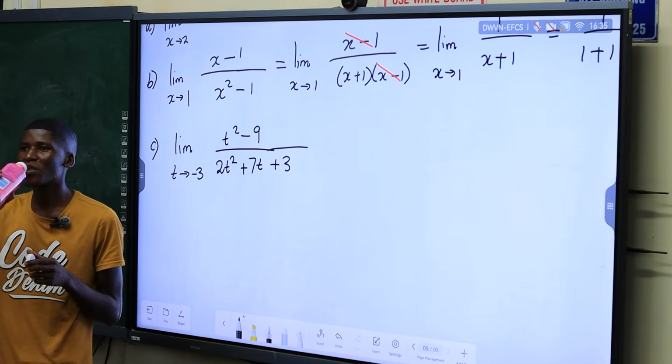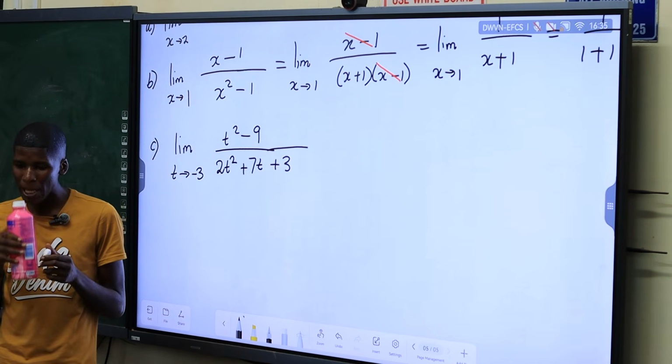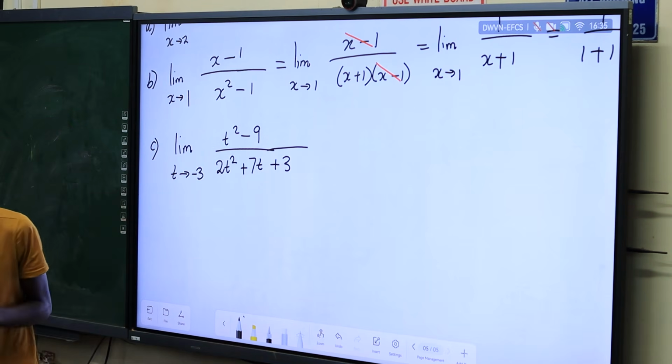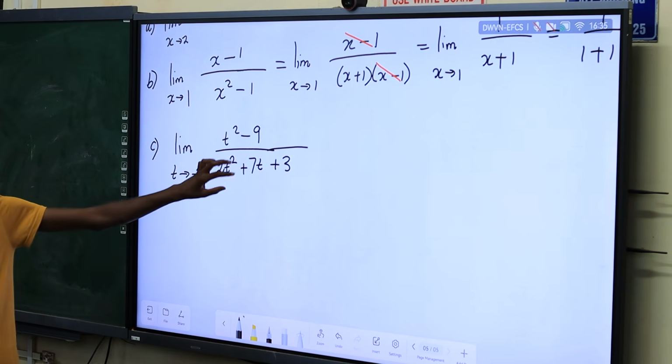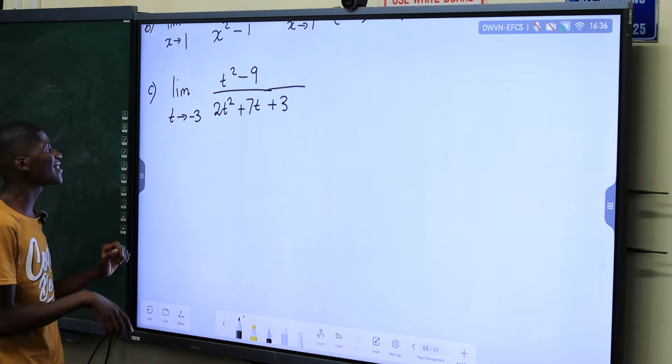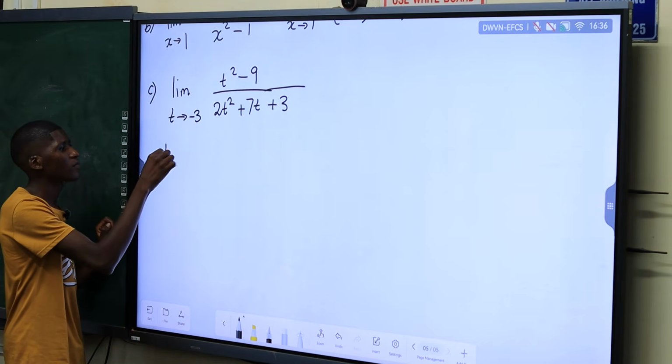That's the first thing. Try to substitute so you get an answer. Math error. So we simplify the expression so that you can at least cancel a common factor.